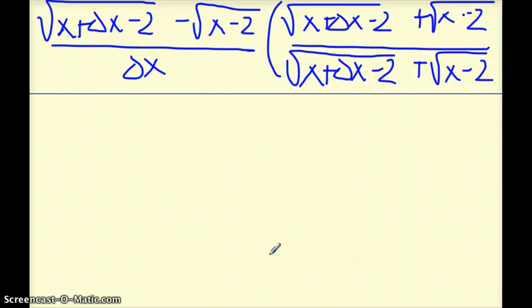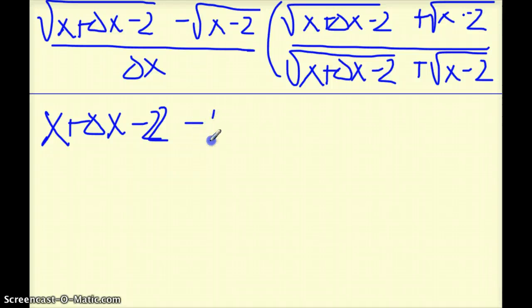And I'm going to then solve for this. So I'm going to get x plus delta x minus 2 minus, and I'm going to keep this in parentheses since there's everything inside the radical. Right?